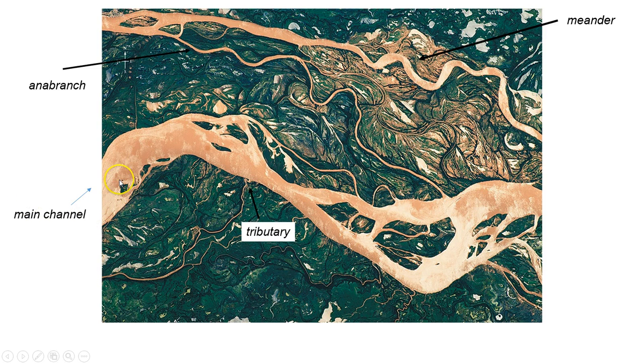The main channel is obviously the main river system. Tributary, we know that it's a smaller river meeting. Meandering, river meandering, we can see that this is an example. Now I couldn't find an oxbow or a billabong example that really stood out, but I'm sure there's one or two in there.